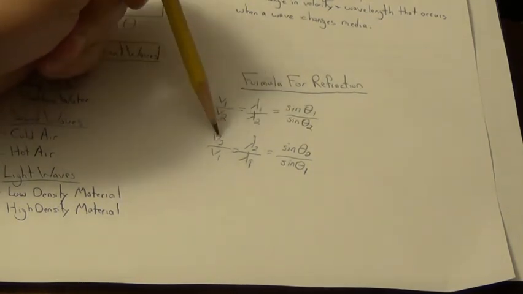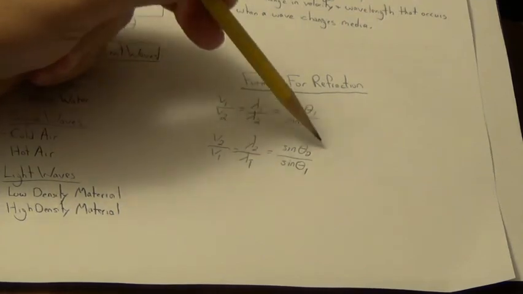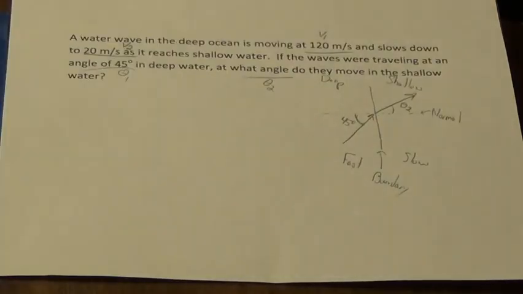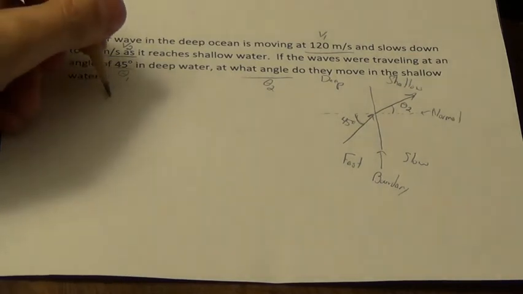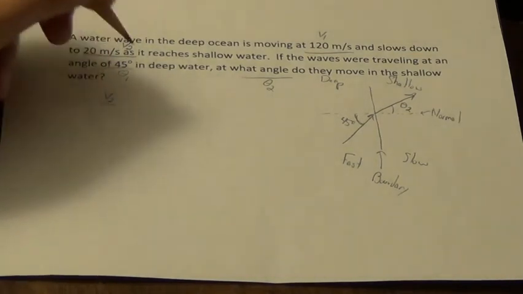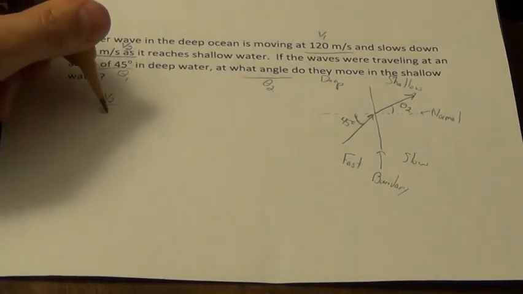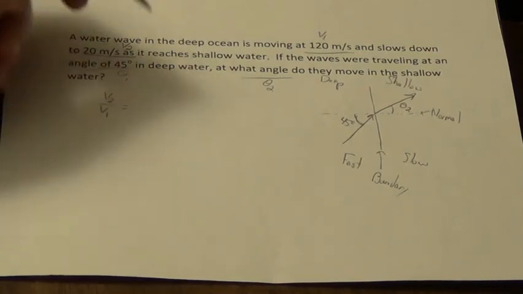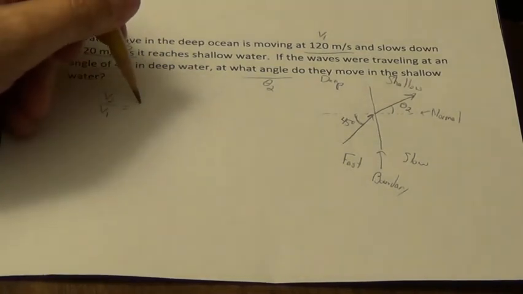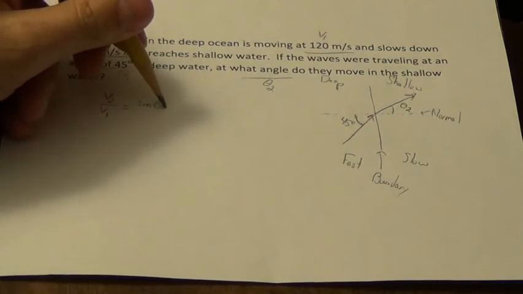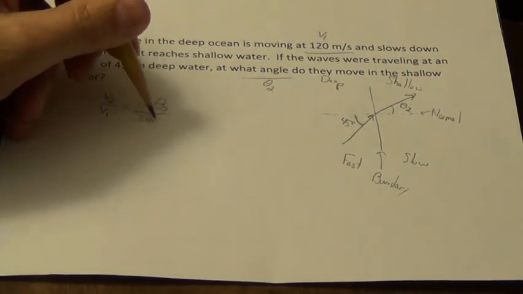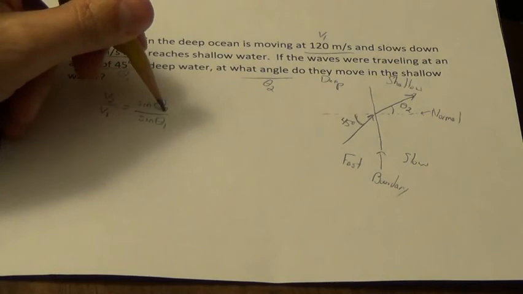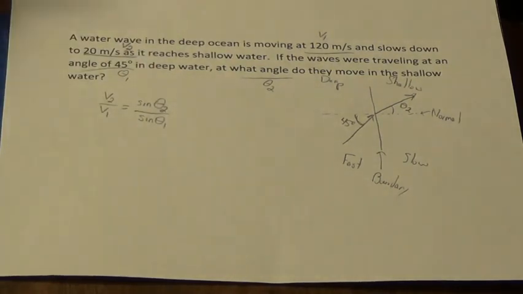So we're going to compare this ratio to this ratio, and we'll go ahead and write that down. The speed in substance 2 divided by the speed in substance 1, that ratio will be the exact same as the sine of the second angle divided by the sine of the first angle. So we're looking for angle 2.